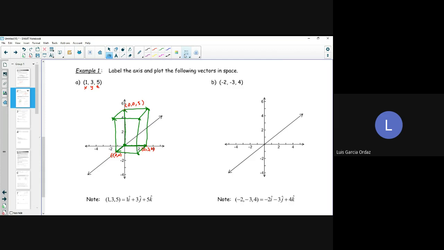So if I take my resultant from my origin, it will look something like that. So that would be my u, my vector u. Or remember, 1, 3, and 5 can also be written as vector i plus 3 vector j plus 5 vector k.